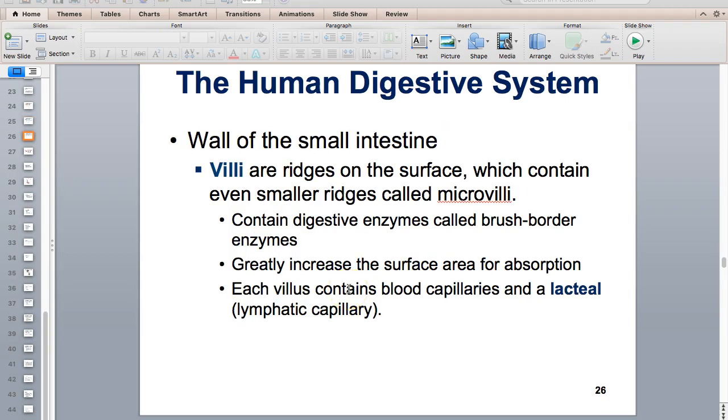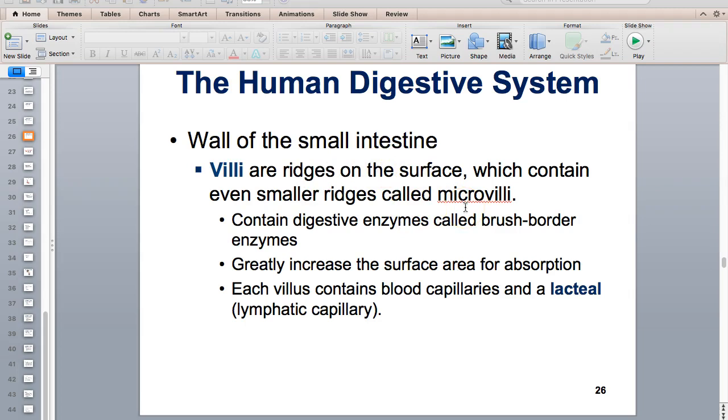All right, now this brings us to this, right? So again, once digestion has finished, all of the food's broken down into smaller molecules, and now it's ready to be absorbed. Again, that will happen in the small intestine, and so there are modifications of the small intestine to allow this to happen. So there are villi, okay, on the surface, and then microvilli.